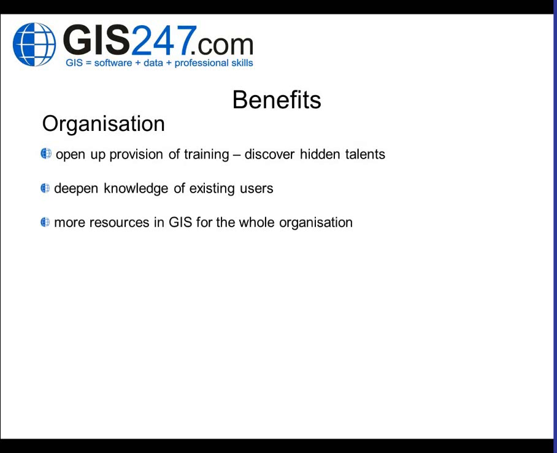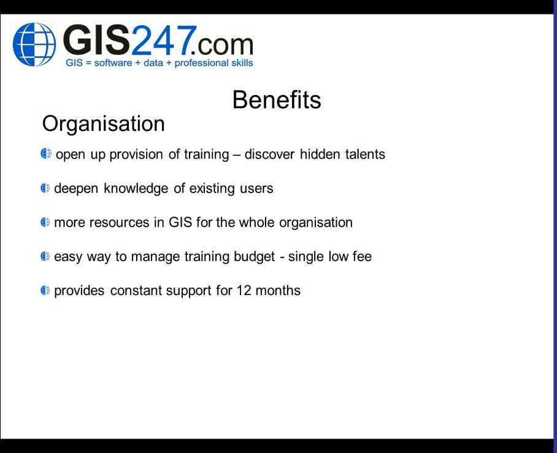Gives them more resources by enabling self-service by non-GIS experts, freeing up the experts to deliver even more. And it's an easy way to manage the training budget with a single low fee. It's a way of providing constant access to technical training and support for a full 12 months.